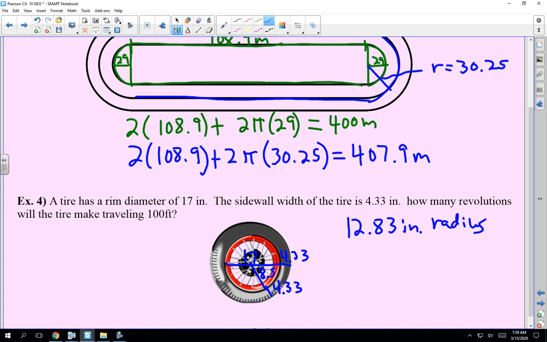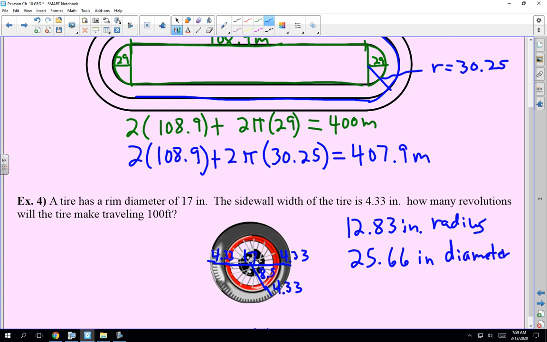Or if you want to think of it in terms of diameter, you could add another 4.33 over here, or double that value, but we end up with 17.8, that's 25.66 inch diameter.